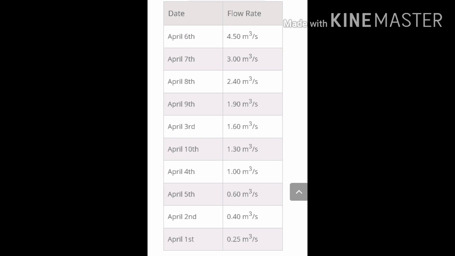So the flow rates may be now given with the percentage of time as shown in the next table here.